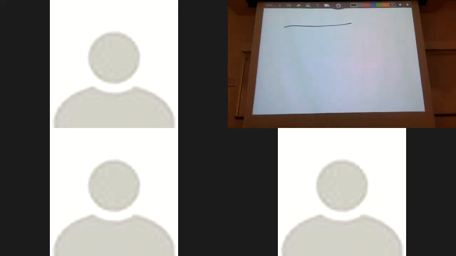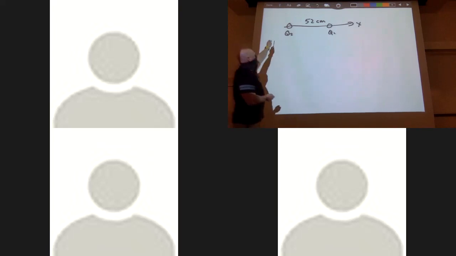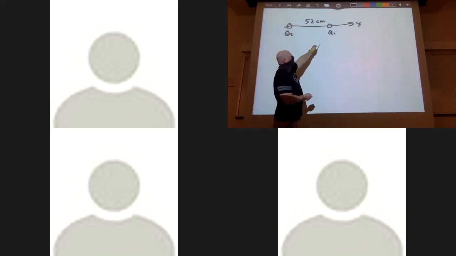Well, here's Q1, here's Q2, and then I have 26, so that's 52 centimeters between the two, right? So the total amount of work it took to bring in Q2 after I brought in Q1 is equal to the sum of the work to first bring in Q1, plus the work to bring in Q2.